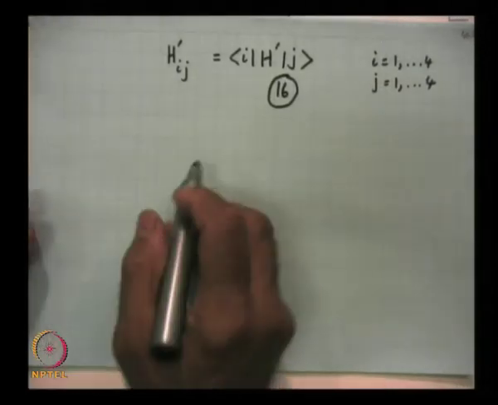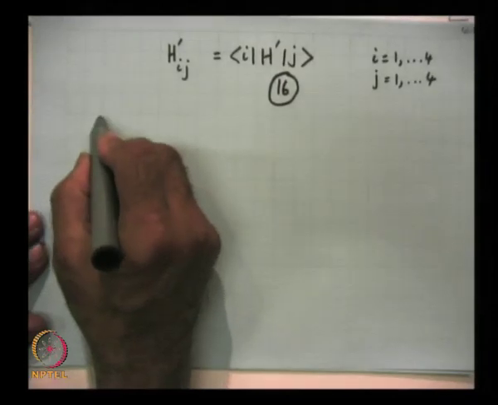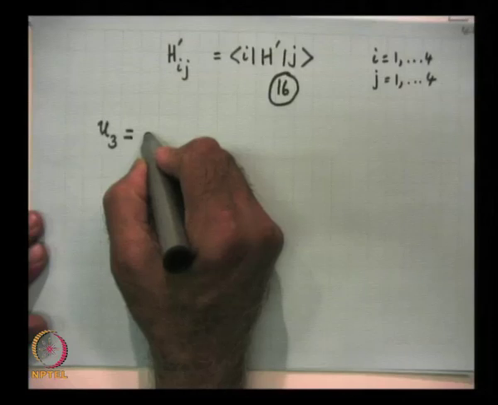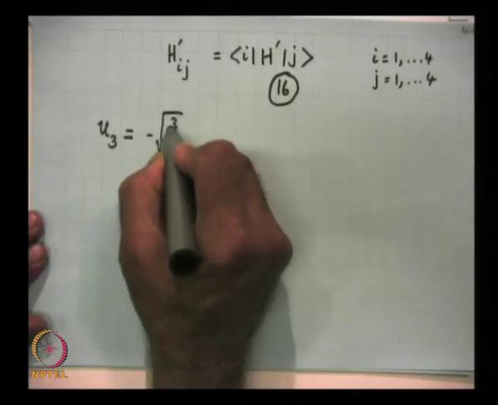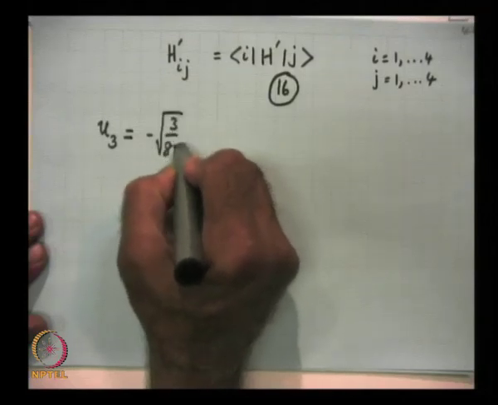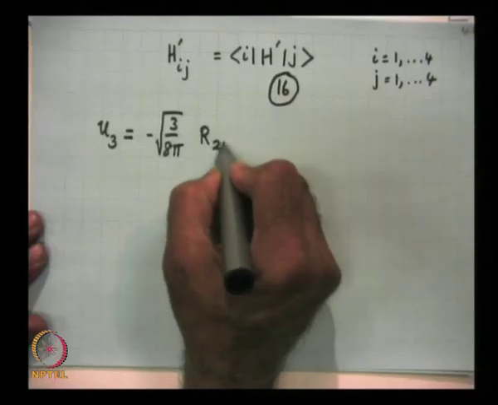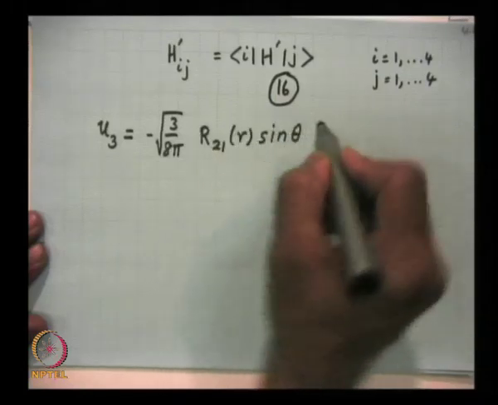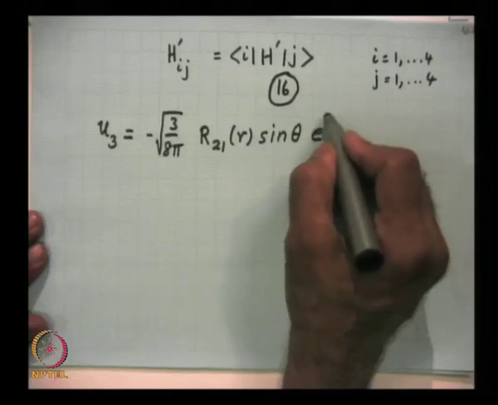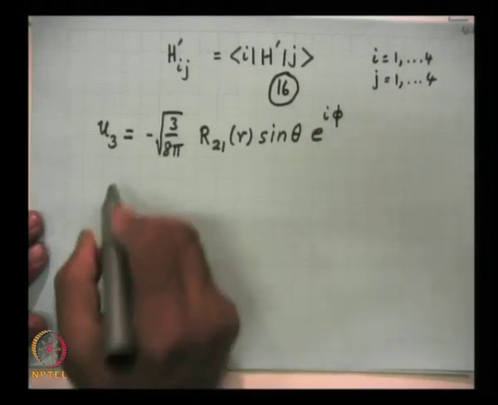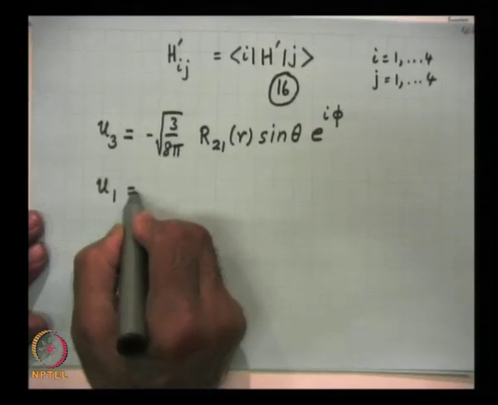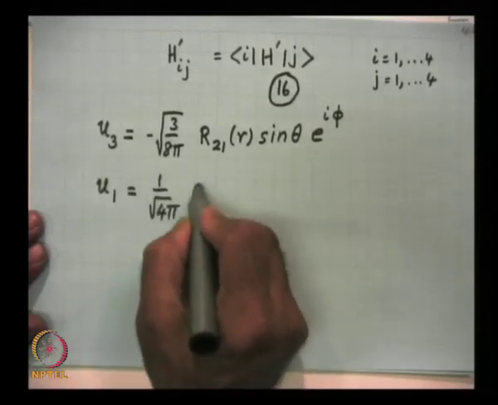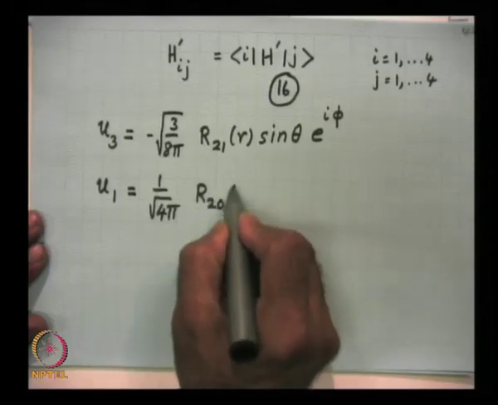So, let me first calculate this matrix element. My u 3 is, say, minus under root of 3 by 8 pi, let me write it down clearly, r 2 1 of r sin theta e to the power of i phi, and u 1 is, let us suppose, 1 over root 4 pi r 2 0 of r.